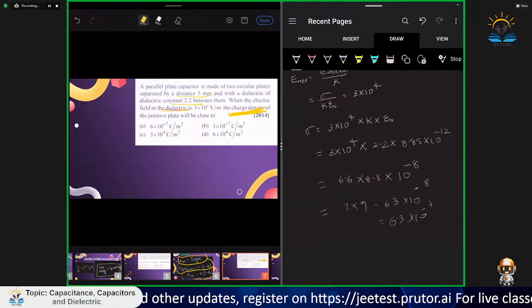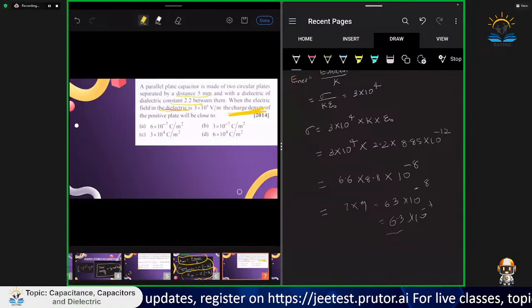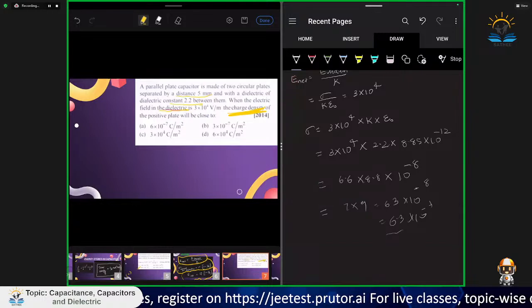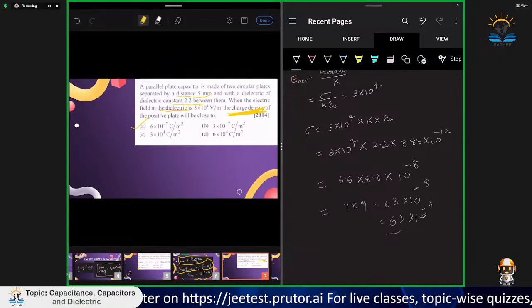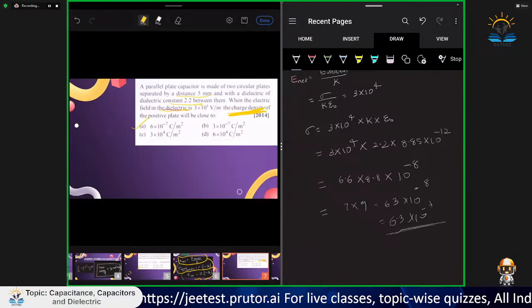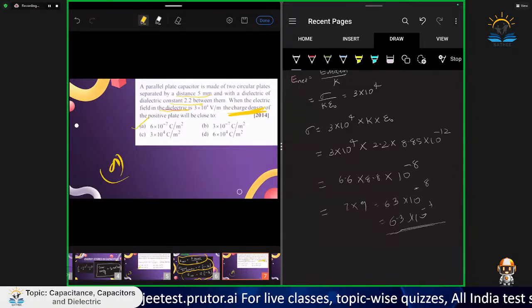The option matching this is 6 into 10 raised to minus 7. Option A is the answer.